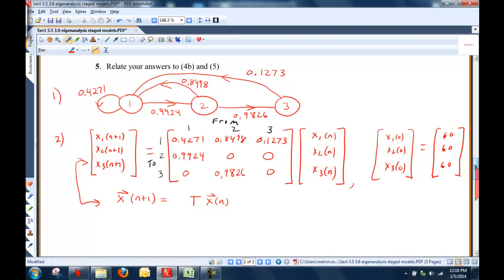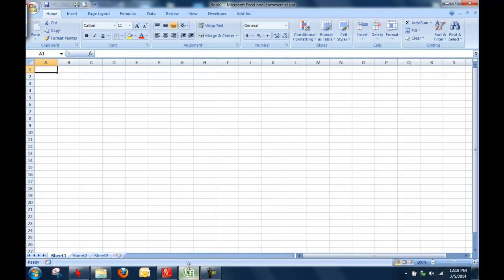So we'll go to Excel. And here let's put the value of n, and here let's put population stage 1, 2, and 3.